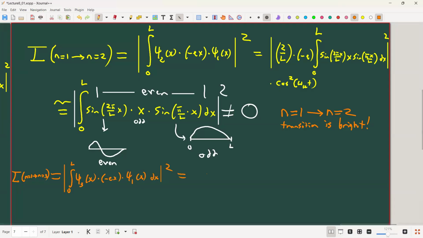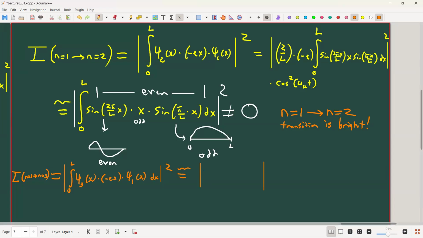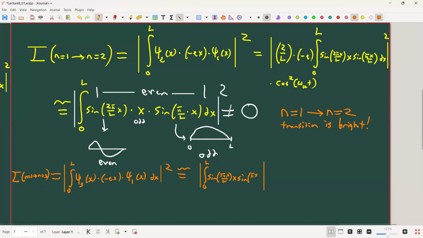Roughly, we don't care about the numbers so much, it's the integral from 0 to L of sine 3 pi x over L times x times sine pi x over L dx, squared. We just showed before that this is odd, this is odd, and it's not hard to show that this is odd. So the overall integrand is odd, and by definition, this is 0.